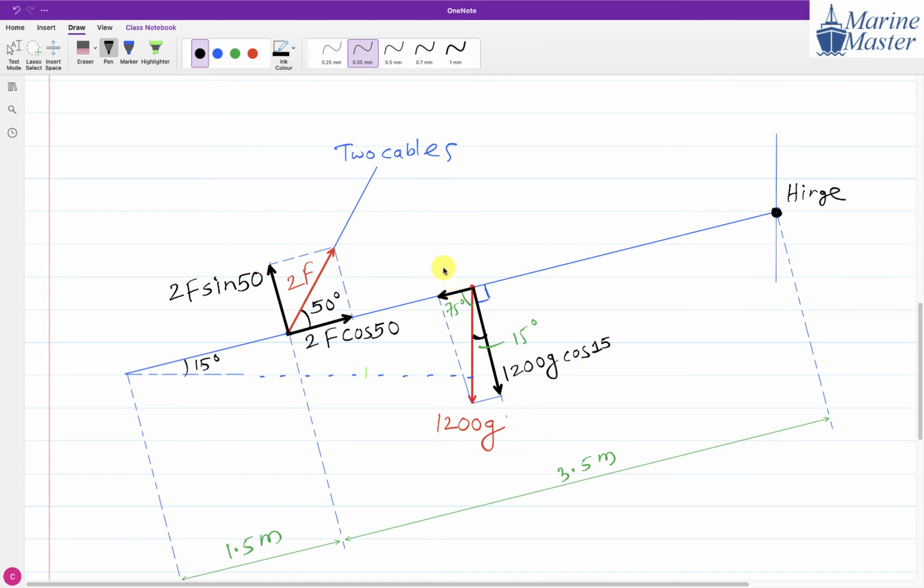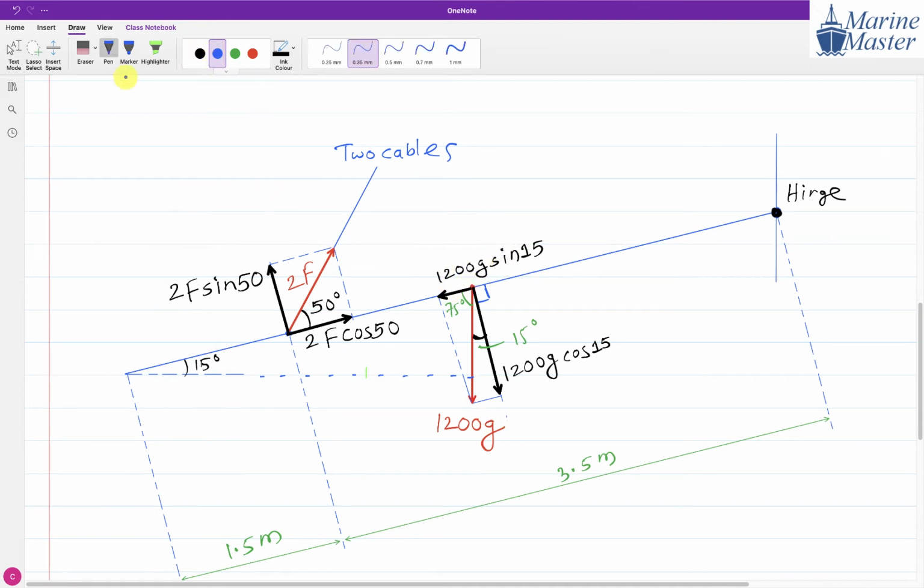And then this component will become what? 1200 G sin 15. You are getting my point? So whatever the angle, with respect to this component perpendicular to the ramp, this will become 1200 G cos 15. And this component will become 1200 G sin 15.